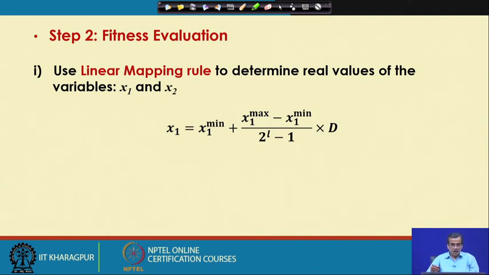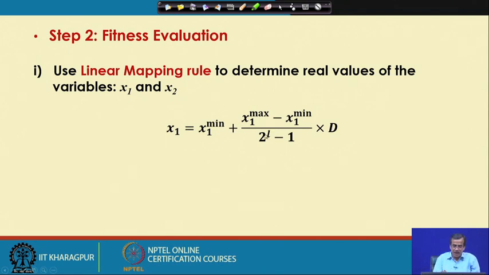According to this linear mapping rule, the real value for x 1 is nothing but x 1 minimum plus x 1 maximum minus x 1 minimum divided by 2 raised to the power small l minus 1, into the decoded value denoted by d.